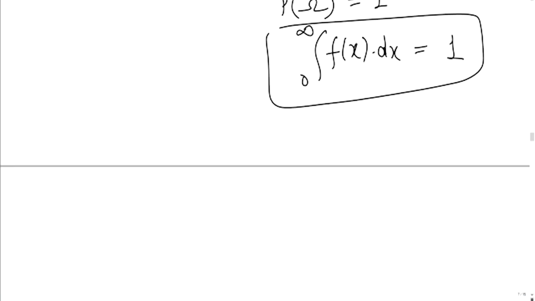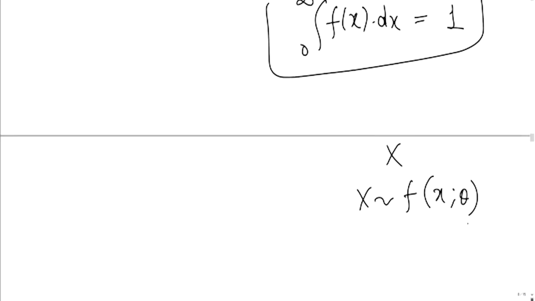So for any continuous random variable x, you will define a probability density function. Let us say f of x given theta, or f of x, theta, where f of x, theta is your probability density function.